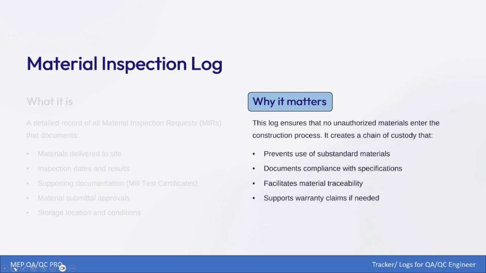Second, if anything comes from the client or consultant stating that you claimed 50% of materials are delivered at site, but they say you have delivered only 30%, through the material inspection logs you can prove that all the materials which we raised and approved are tracked in the log, and you can easily claim your quantity with the consultant and the client for the money. That is why it matters.